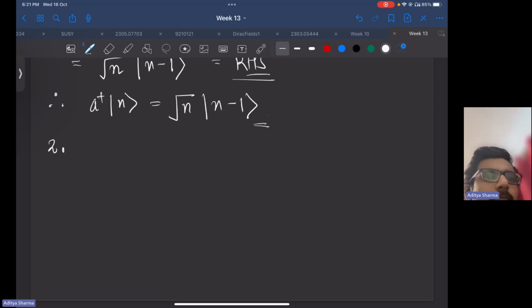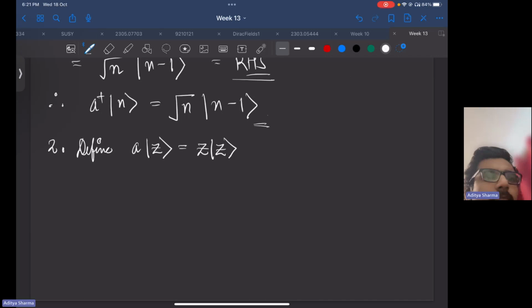and I'll take it from the book. Suppose we define, okay, so we are going with this definition. Define the coherent state as the eigenstate of the annihilation operator.